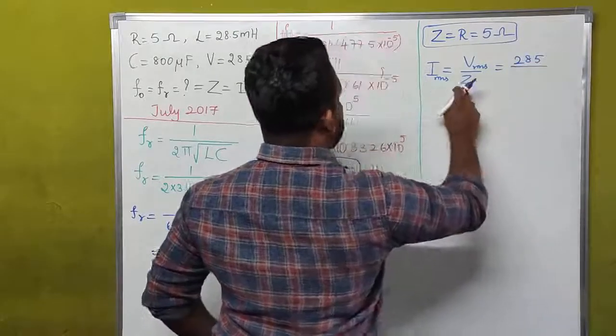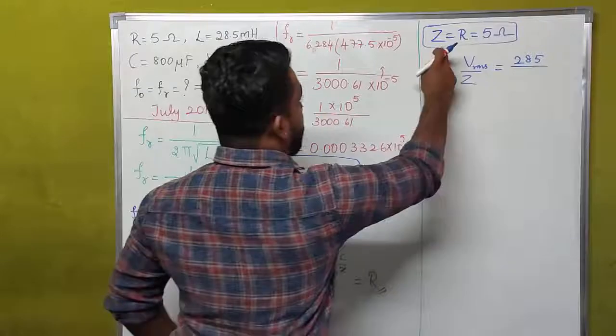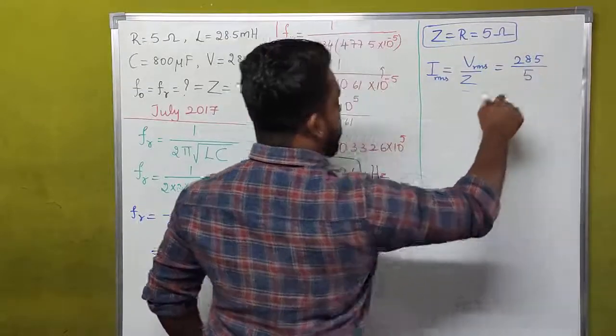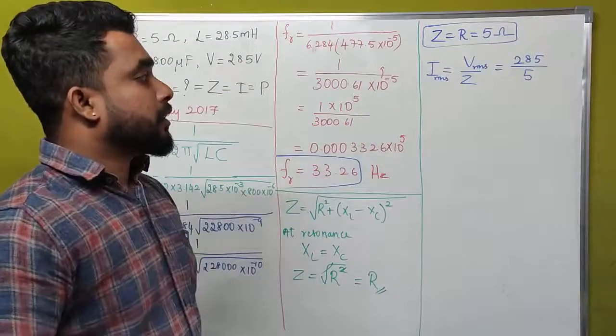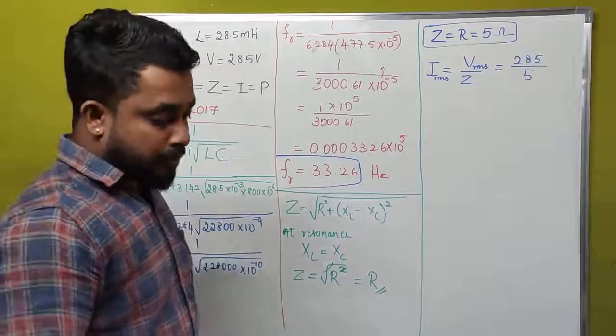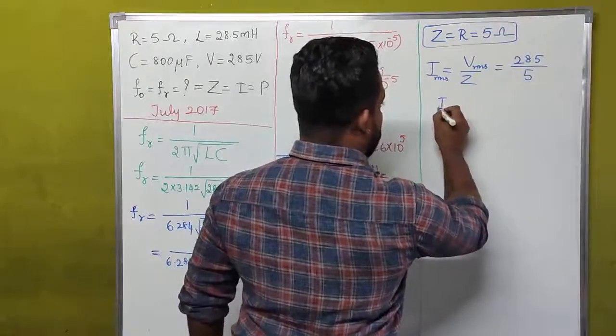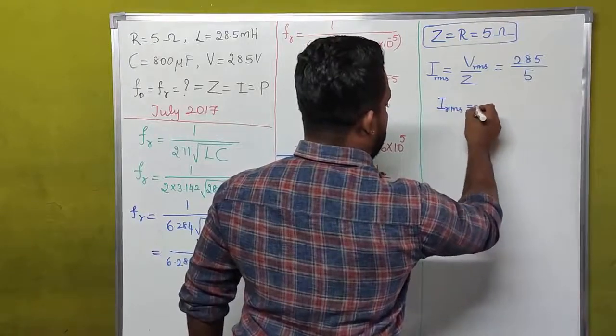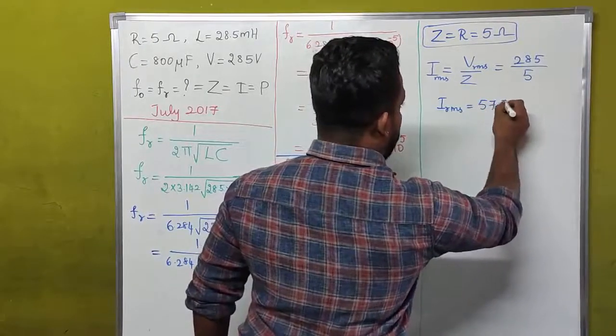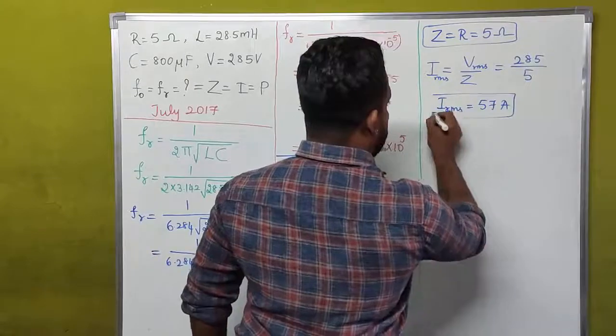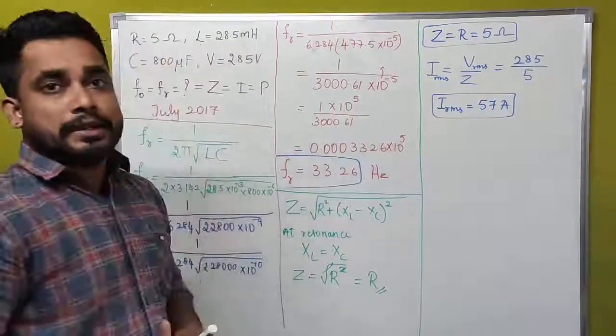The value of impedance is equal to 5 ohms. 285 divided by 5 is equal to 57. That is 57 ampere. This is the current drawn through the circuit.